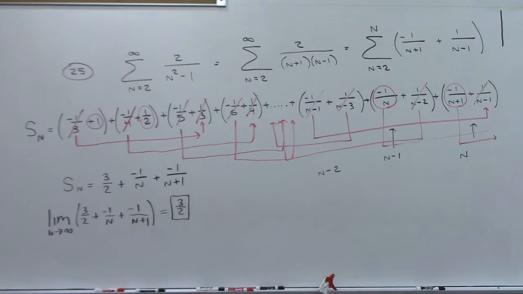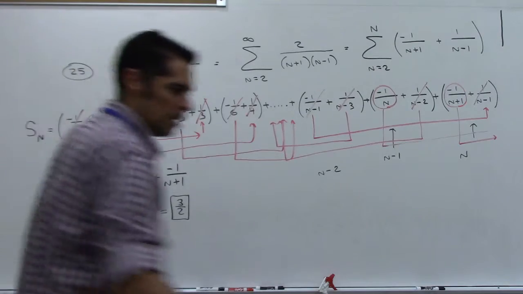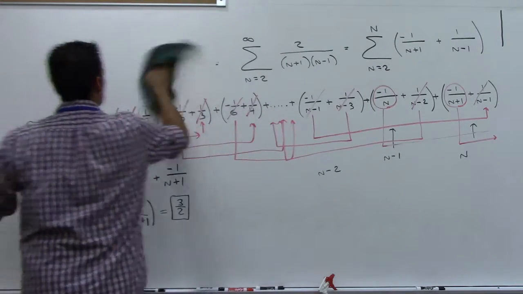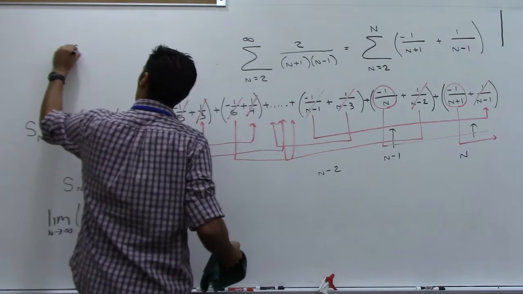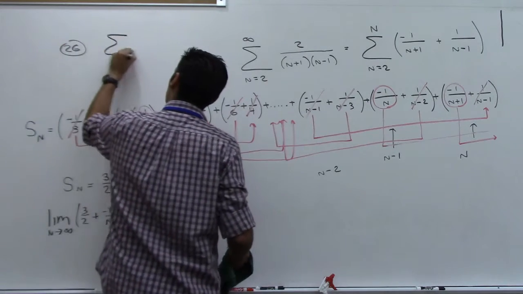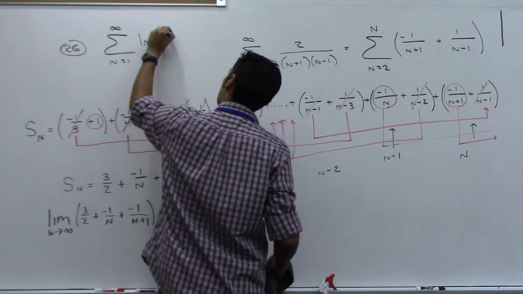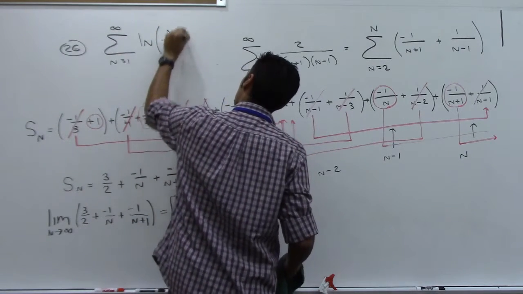Let's look at 26. The sum from 1 to infinity of natural log of n over n plus 1.